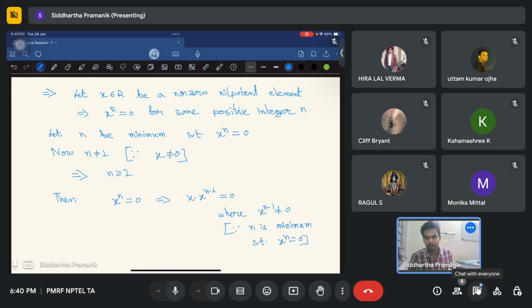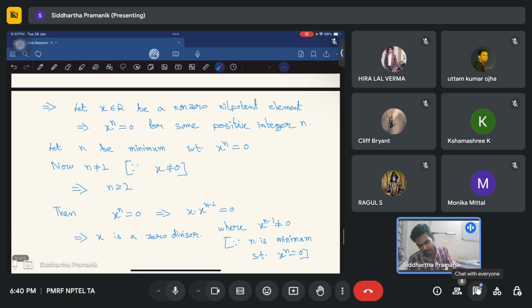So I hope now this is clear for everyone. So this implies x is a zero divisor. So we are using the fact that x is non-zero. Then we have taken n as the minimum index such that x power n is 0. Then from that we have concluded this.